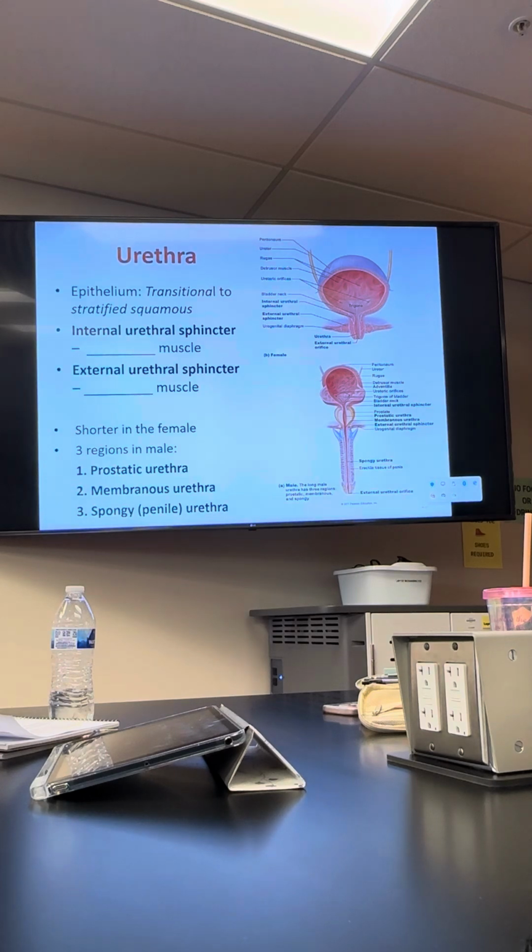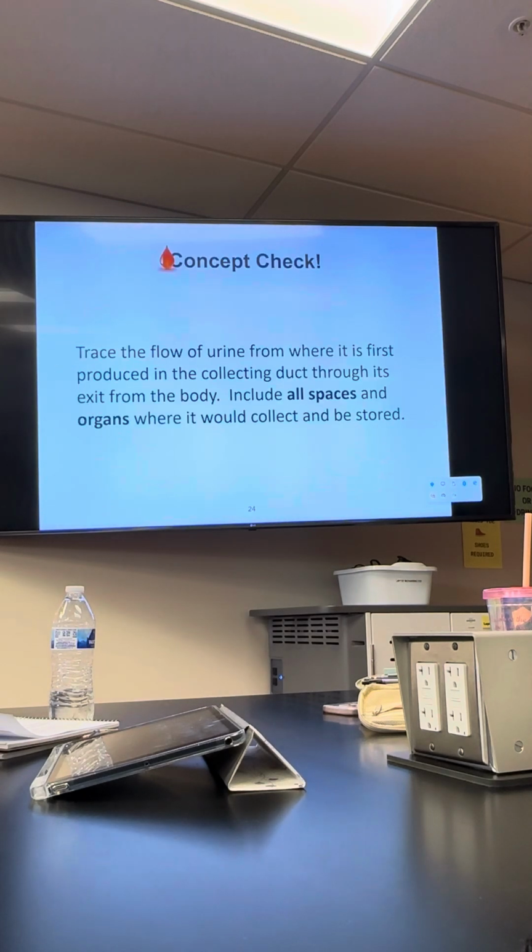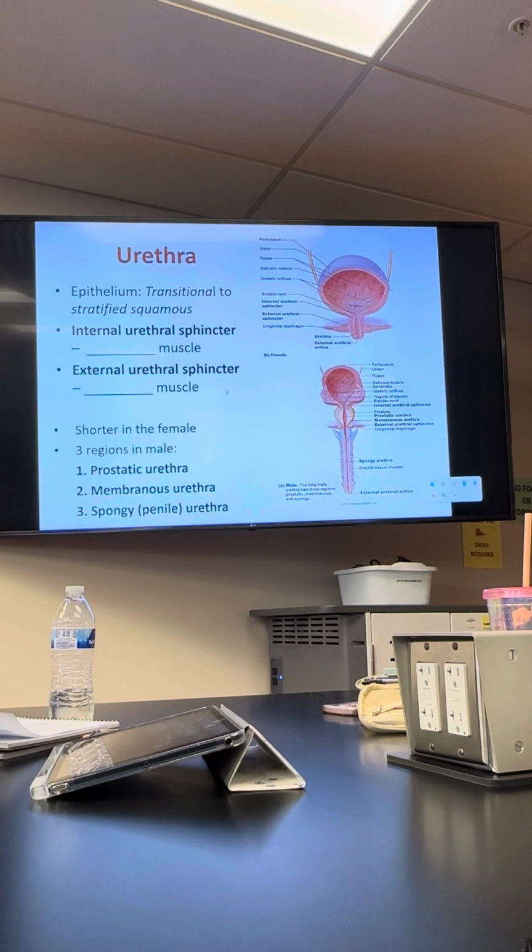That's the urethra. In the female, it's pretty straightforward, it's shorter. So between the two of them, who do you think is more likely to suffer from urinary tract infections? Male or female? Female, because the urethra is shorter. And so in the female, it's gonna look something like this. You have two sphincters that are there.